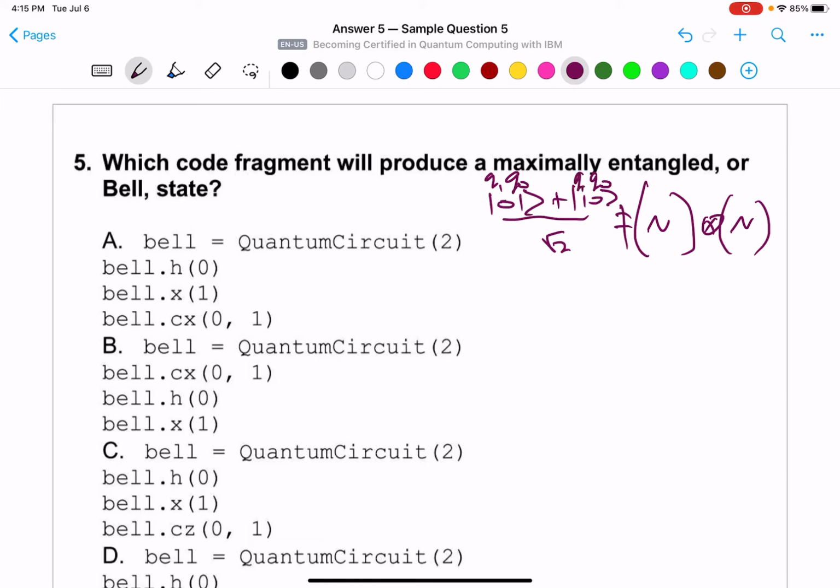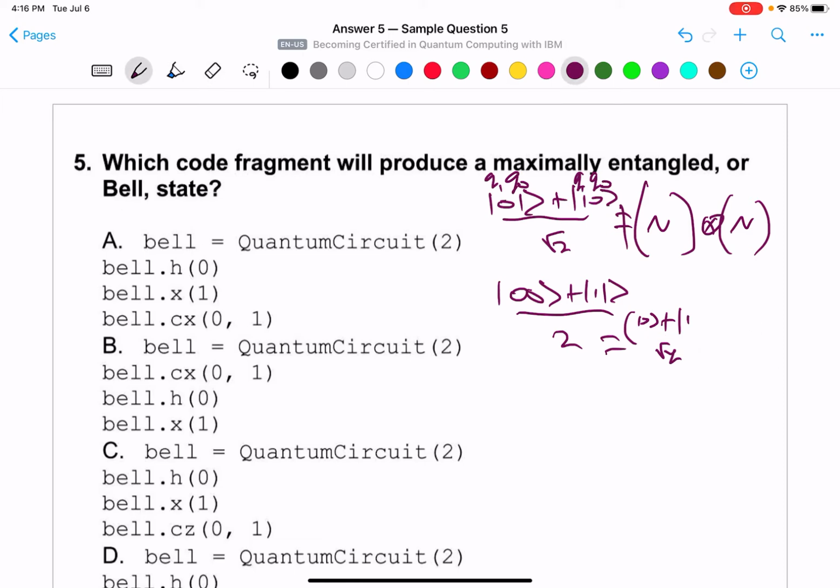Let's contrast that with this valid quantum state, |00> + |11> over 2. This can be written as the tensor product between the state |0> + |1> over root 2 times itself.